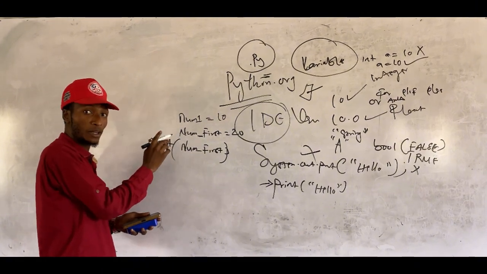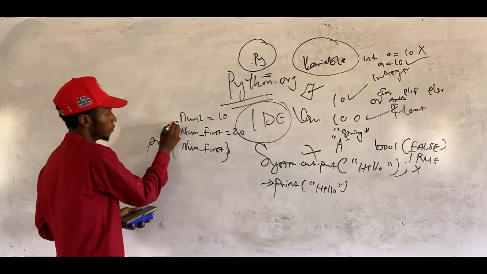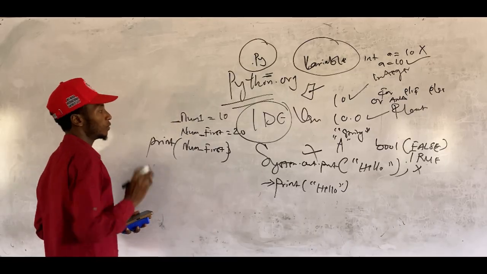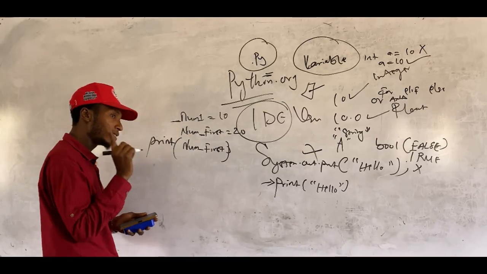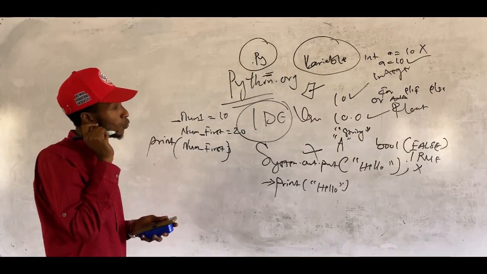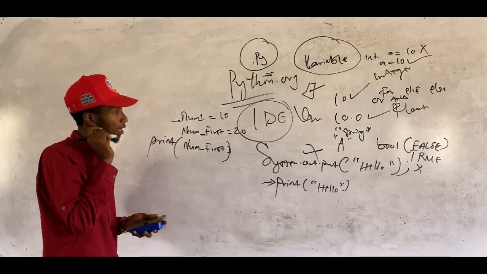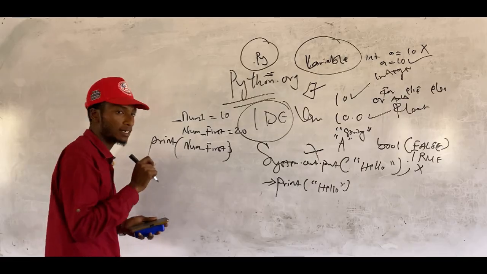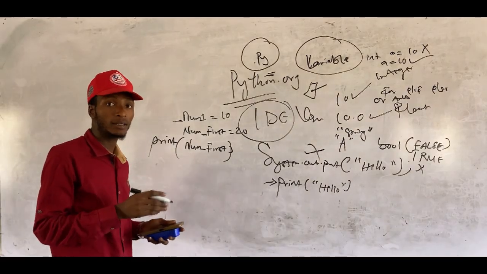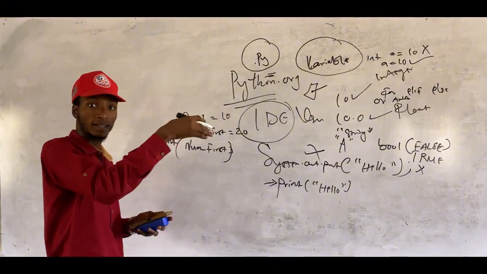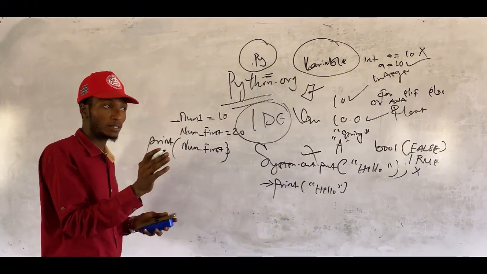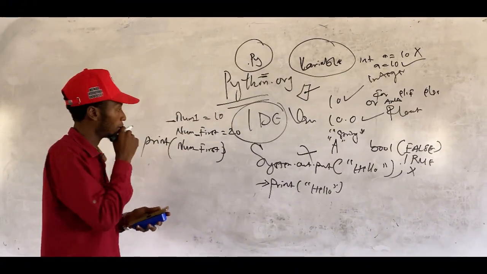You can start your variable declaration with an underscore, something like this. It's allowed, but please don't start with a keyword and don't start with a special character like ampersand, hash, asterisk, or percentage sign. Please don't start with that.